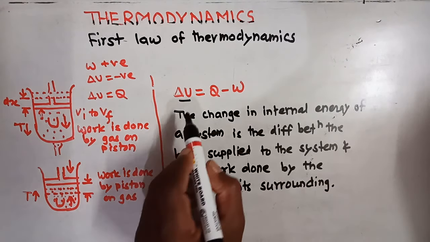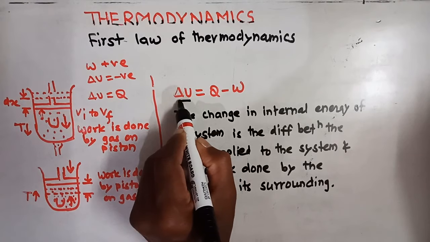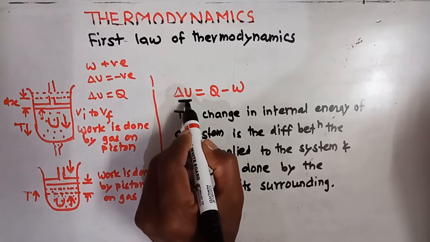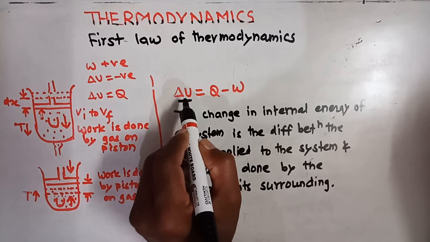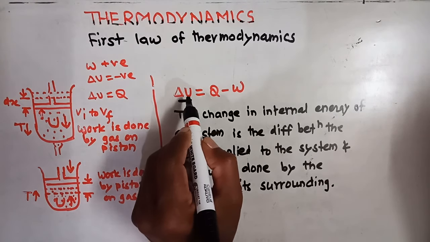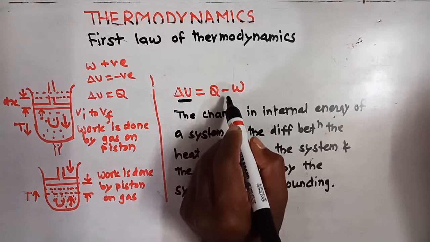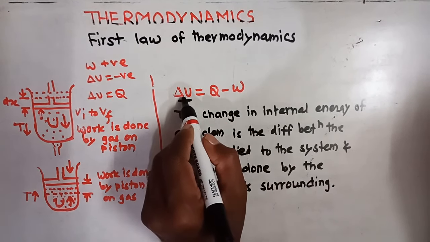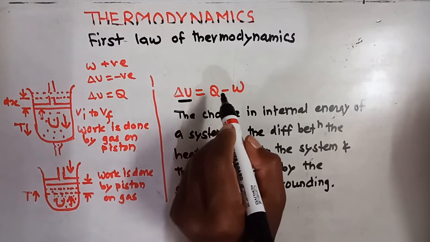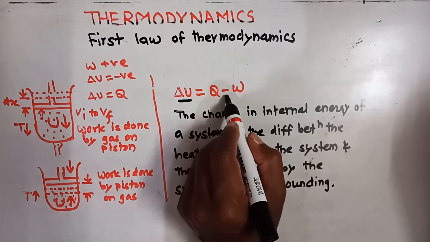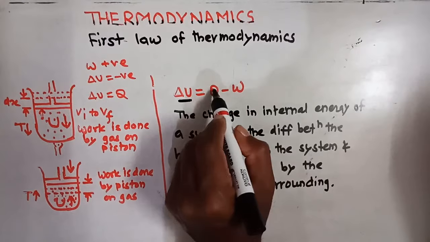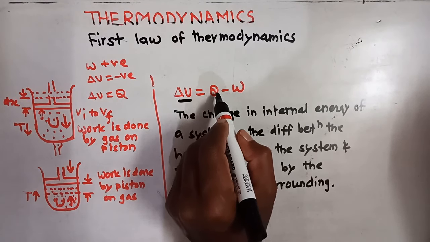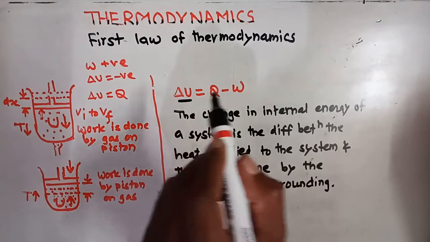What is the statement? The change in internal energy. This dU is nothing but the change in internal energy. The change in internal energy of a system is the difference, this negative sign indicates the difference, between these two quantities, Q and W. What is Q?